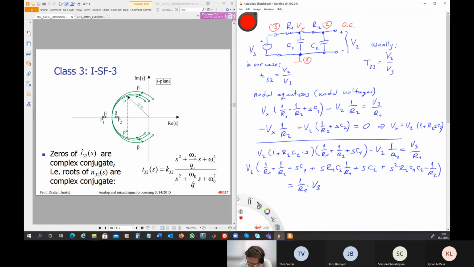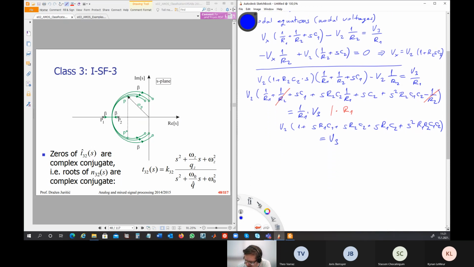And now we can delete 1 over R2 and minus 1 over R2. Then we can multiply everything by R1, and we will get V2 times (1 plus S R1 C1 plus S R2 C2 plus S R1 C2 plus S squared R1 R2 C1 C2), which is equal to V3.